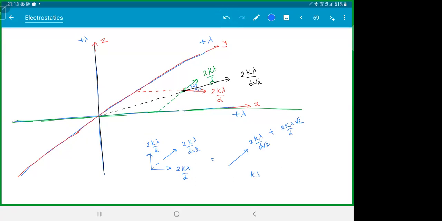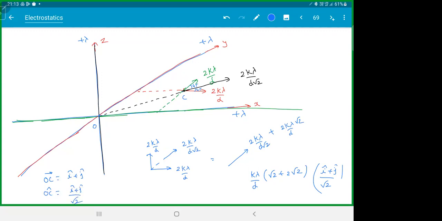What will you get? k lambda by d, root 2 plus 2 root 2. That's your answer. Clear? If you want it in vector form, it is i cap plus j cap by root 2, a unit vector. That's a unit vector, right? So if I take this point as O to C, that is the direction. OC bar will be i cap plus j cap. OC cap will be i plus j by the magnitude.